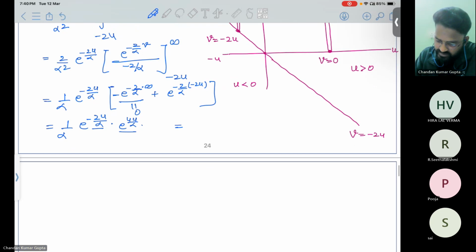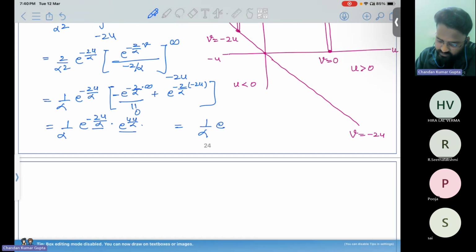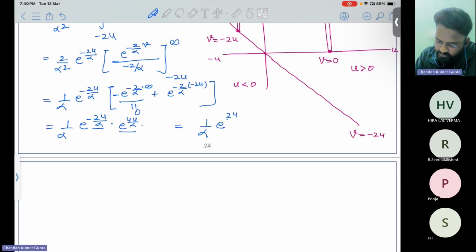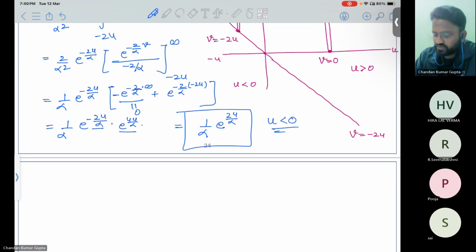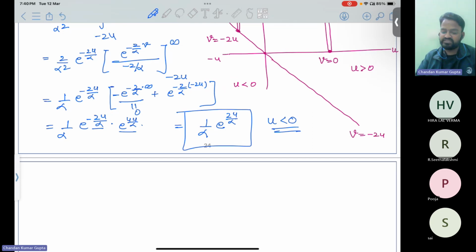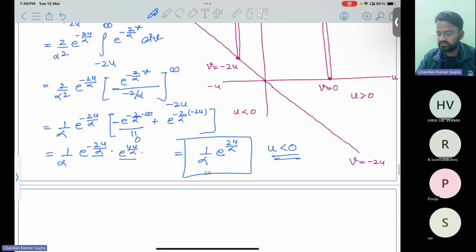So it's 1 by alpha e to the power minus 2u by alpha times that, which gives 1 by alpha e to the power 2u by alpha for u less than 0. So for u less than 0, we have got the PDF of u.